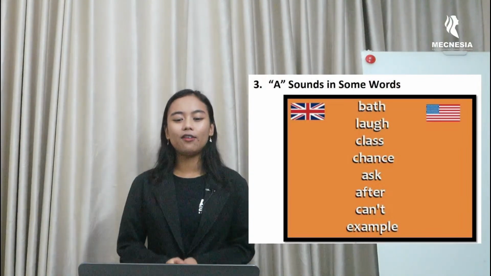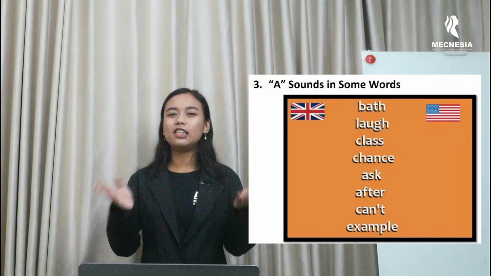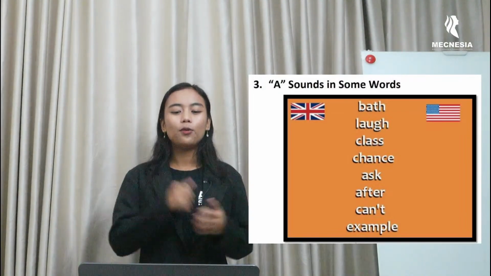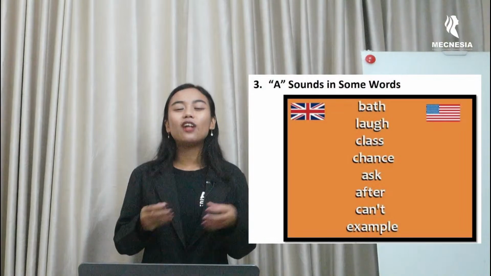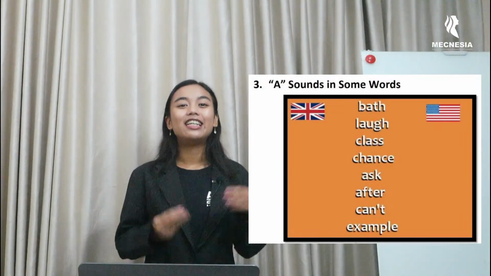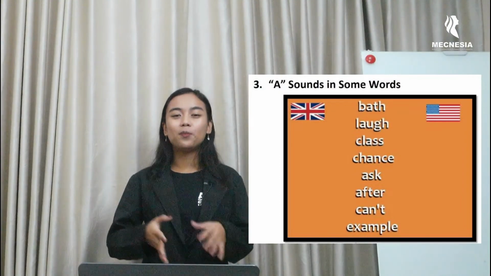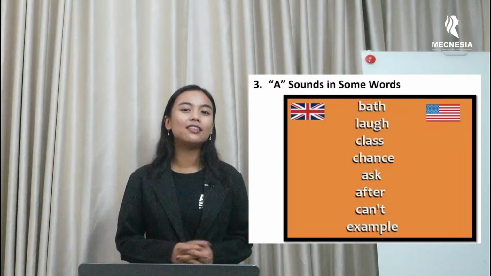Next, we have example. In British English, di aksen British, di logat Inggris, we pronounce it as example. Let's try it with me. While in American English, we pronounce it as example.